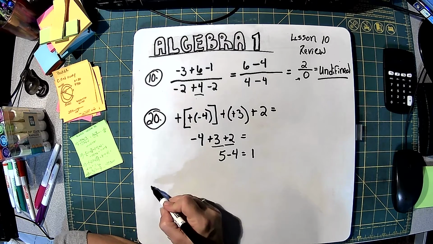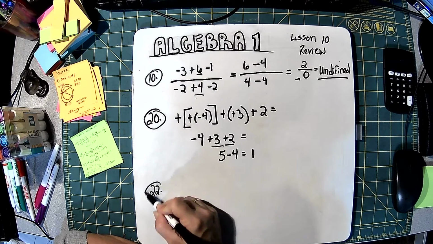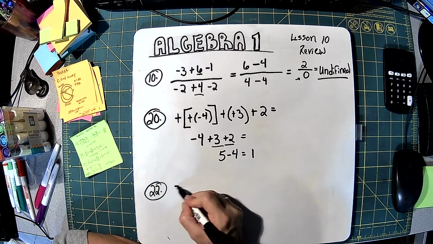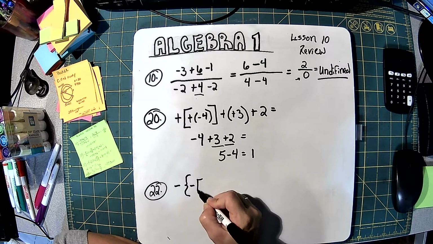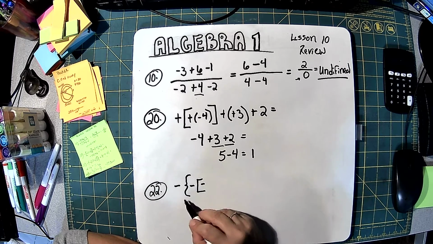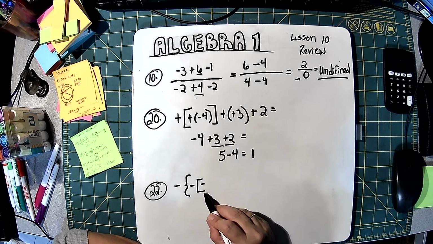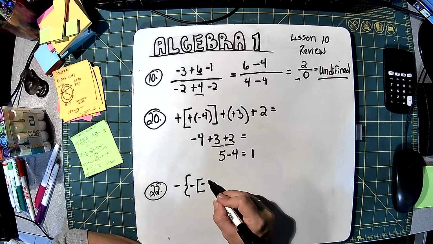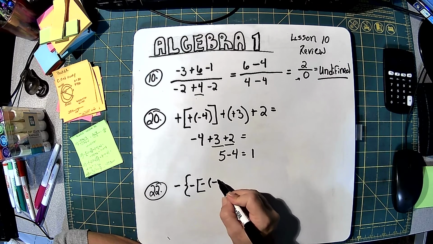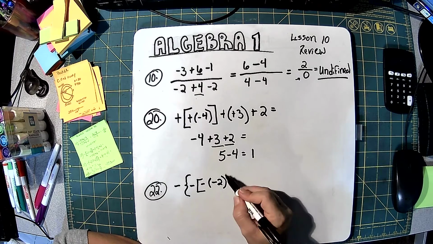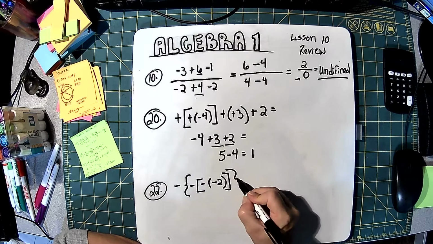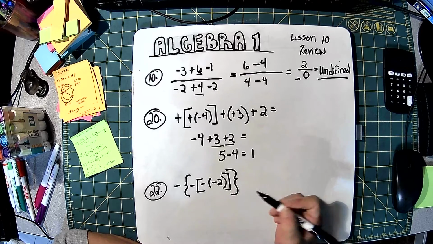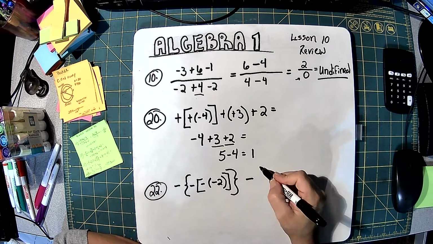Okay. Next one was 22. This one's the one with all the brackets. Now, these curly brackets and these big square brackets, they just mean bigger parentheses. Whenever you have a parentheses inside of another parentheses, you have to make the outside ones look different than the inside ones, so they come up with all these different interesting looking brackets.